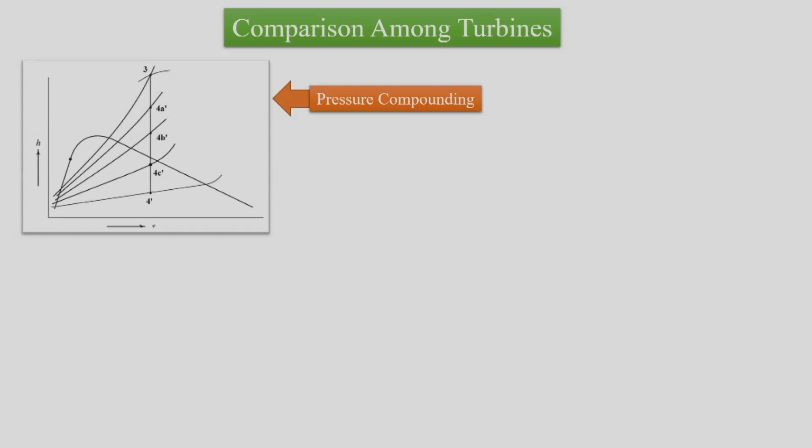So first we said that we will have pressure compounding. So in case of pressure compounding, this was the HS diagram which we should be expecting.